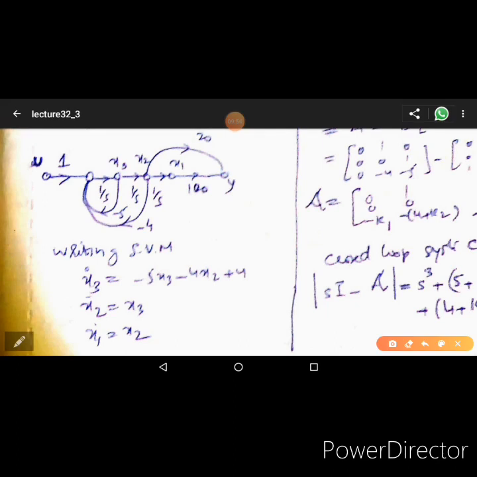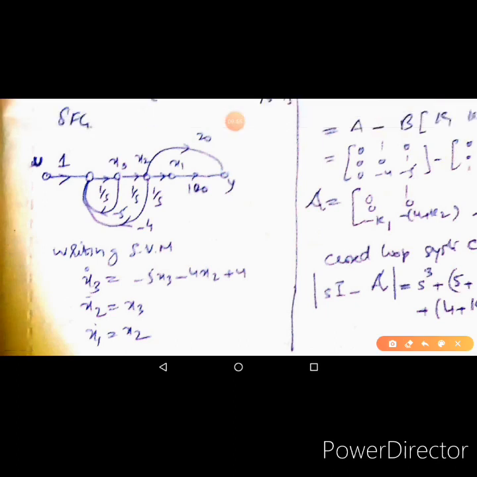Please try to solve it on paper, and if you have any problem, feel free to contact me. X3 derivative is over here, and it is equal to u, which is over here, then minus 5x3, which is over here, then minus 4x2, which is over here. So we have one of these state equations.